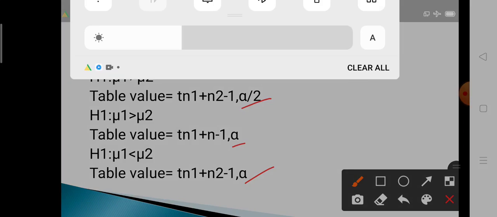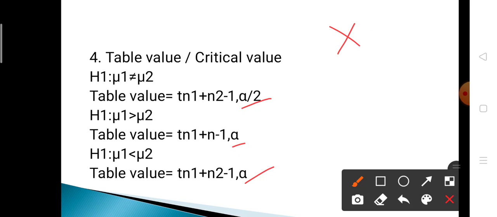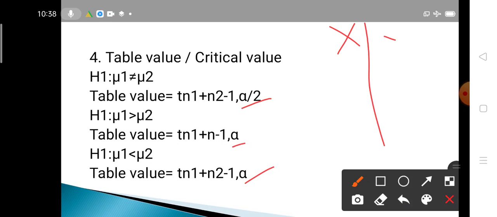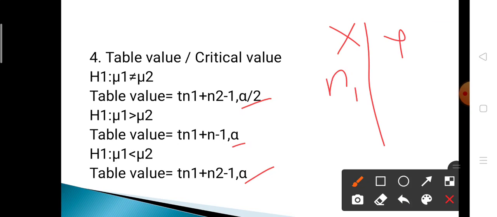Here there are two variables x and y. So n1 is the sample size for the x variable and n2 is the sample size for the y variable. Then what is the degrees of freedom? If there are n observations, then degrees of freedom is n minus 1.